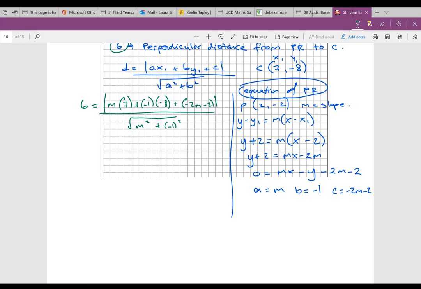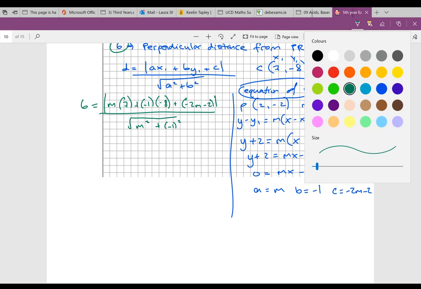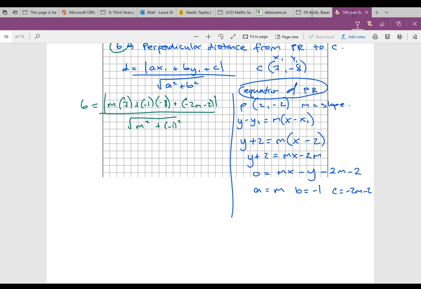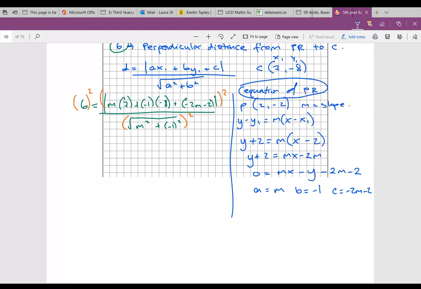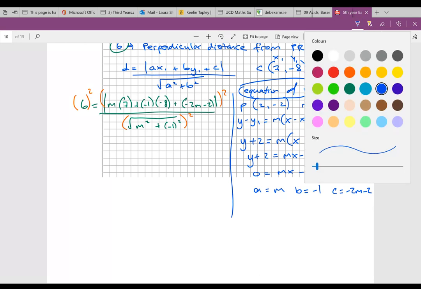Okay, and what I'm going to do first here is I'm going to square everything. So remember, when I square the right hand side, it squares the top and the bottom. Okay, so I go back to my green.